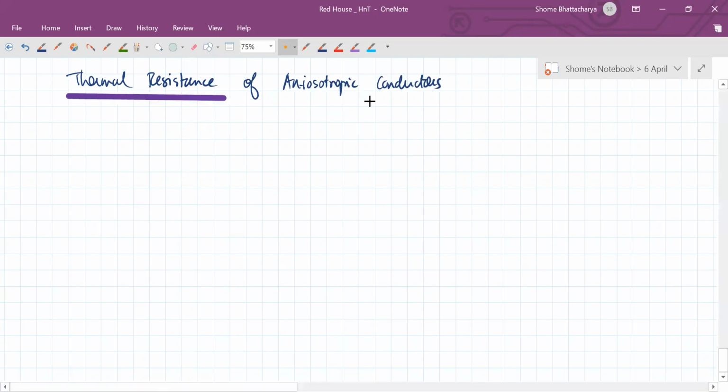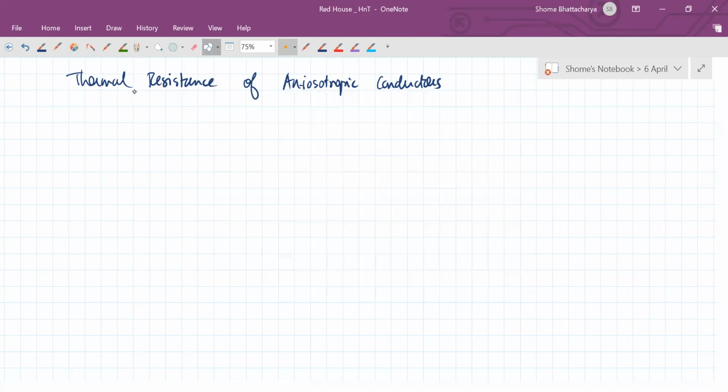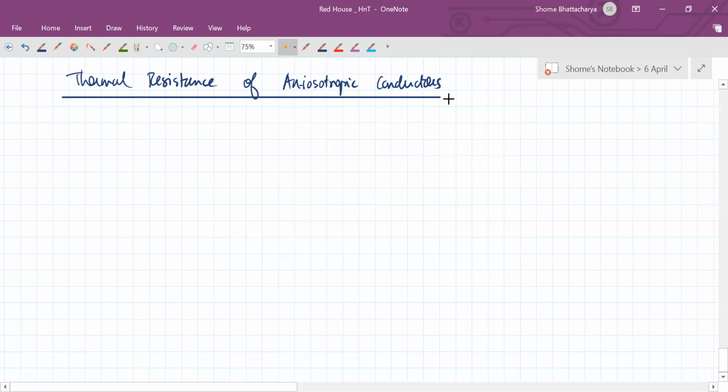That means the material is anisotropic, it's not uniform everywhere. So we have to use definite integration. So this becomes by application of definite integration.